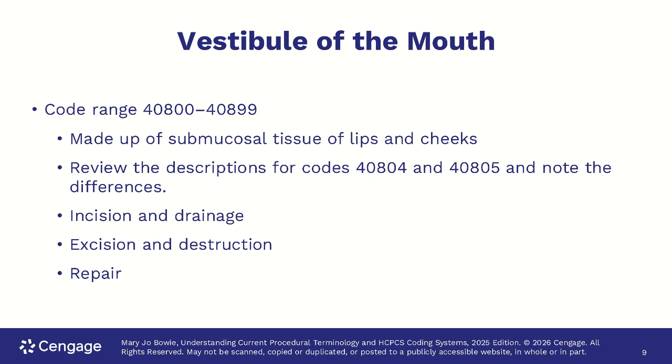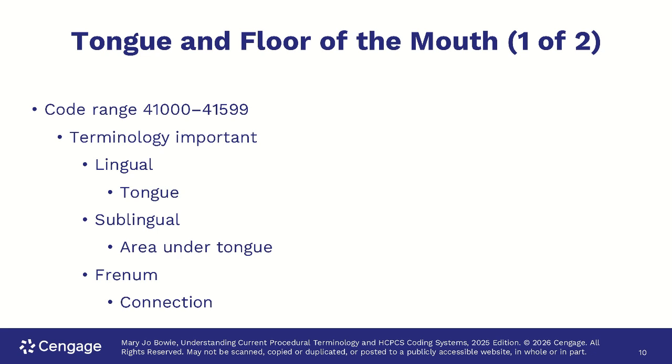All right, then we have excision and destruction of lesions. Watch out for words like simple and complex, because that's one of the differentiating factors. And then you have codes for repair. Same thing, you need to know if the procedure was simple or complex, but you also need to know if it was done bilaterally or unilaterally.